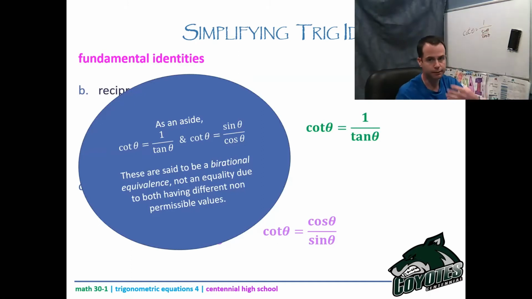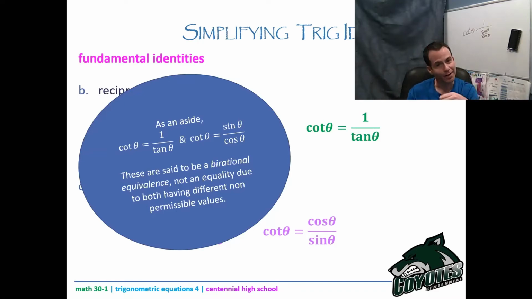Cos of theta can't be 0, because if cos of theta was 0, this little guy would be undefined, and 1 divided by undefined is undefined. But sine of theta can't be 0 here either, because if sine of theta was 0, I'd get 0 divided by something, which is 0, but then overall in this fraction, that would leave me with 1 over 0. So in the first one, both sine of theta can't be 0 and cos of theta can't be 0.